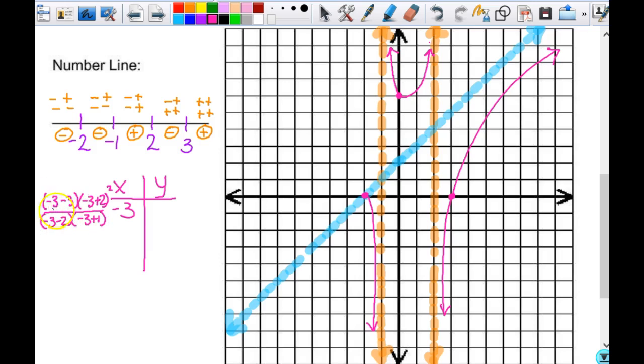Right? So -3 minus 3 is going to give me a -6. This becomes a -1 squared, which is really just 1. And then this gives me a -5 times a -2. So that's going to give me -6 over 10, which is -3/5.